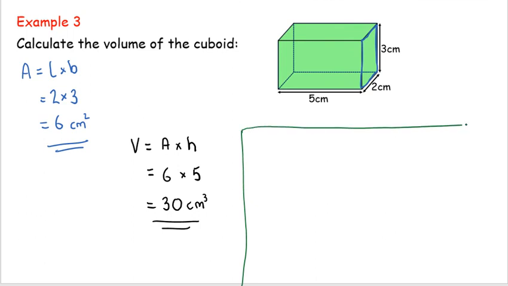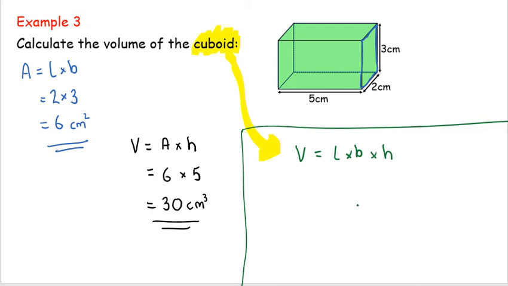Now, for anyone who's seen this before, you may have done this slightly differently. Or as I say, same idea, but you may have thought of this a wee bit differently. If it's a cuboid, there's something special we can do. So for a cuboid, a wee formula we can use, I'll bring that down there, is that the volume of a cuboid, this only works for a cuboid, is length times breadth, like we did there for the area of the face, then times height.